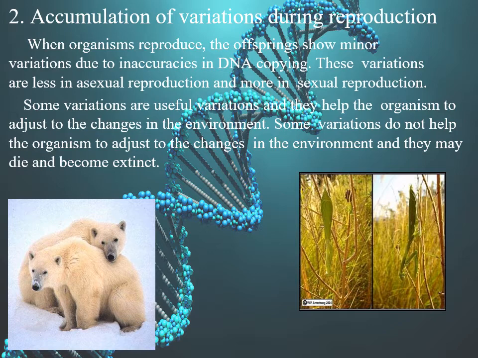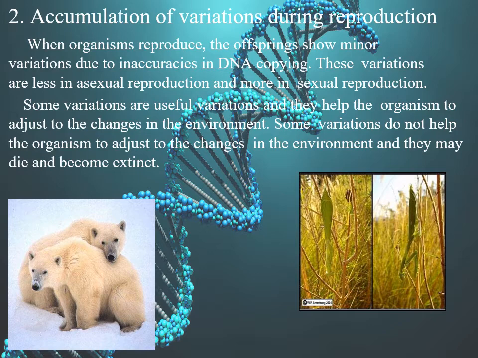and this is due to an inaccuracy in DNA copying, and these variations are less in asexual reproduction and more in sexual reproduction. What do you mean by DNA? DNA is nothing but the genetic material that is present in each cell of the body, and it is responsible for carrying forward the traits from one generation to another generation.